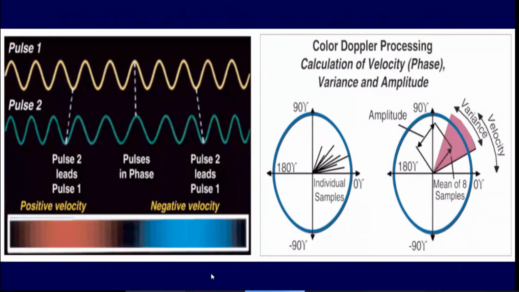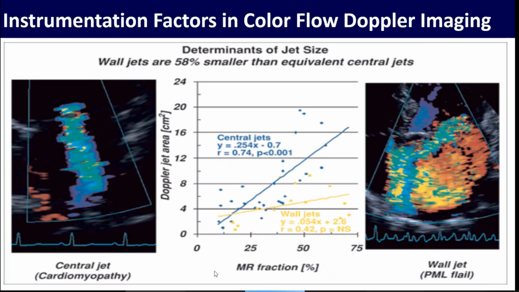So this is color Doppler processing by autocorrelation, by comparing the successive pulses of ultrasound. It is possible to determine the velocity along the sector of interest. And it is very important for us to recognize that there are instrumentation factors in color flow Doppler imaging.